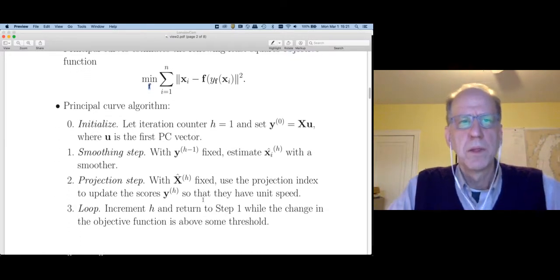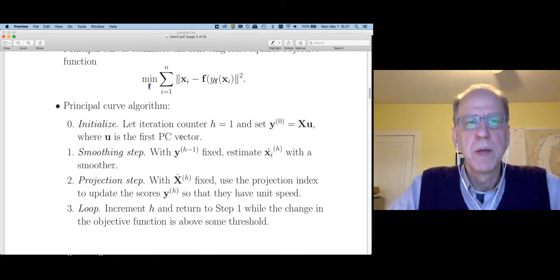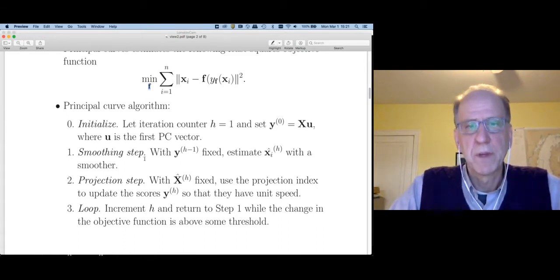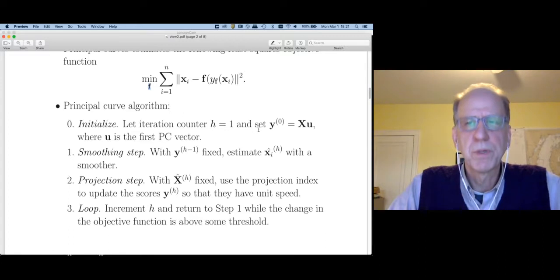Well, the principal curve algorithm iterates between finding a curve f and then projecting the points onto that. So the way we start this is we choose the first principal component as our curve. Then with the scores fixed, we could, for example, fit a smoothing spline. So we would have p different smoothing splines and estimate those as functions of the y's.